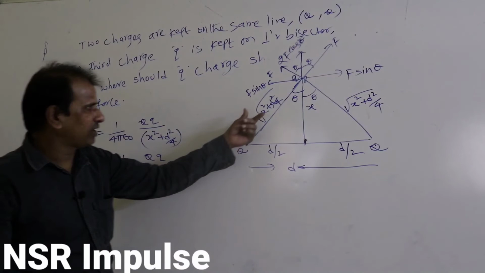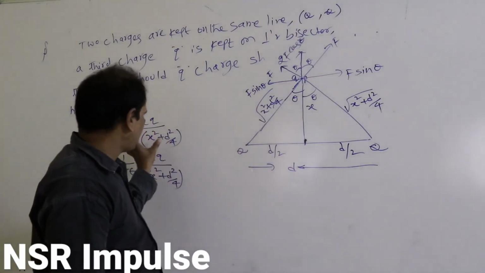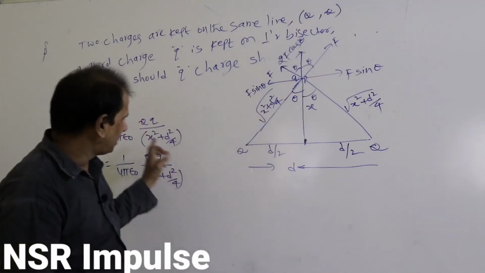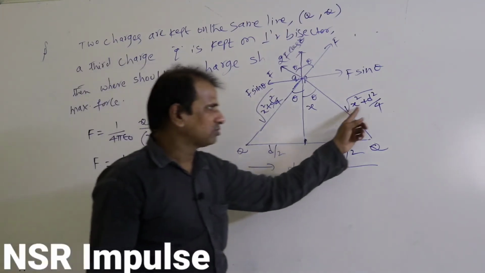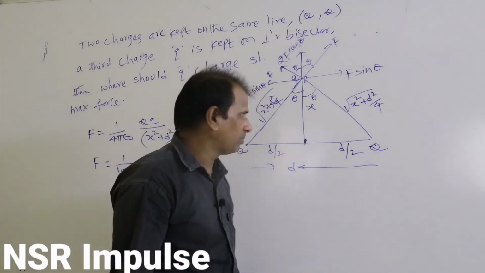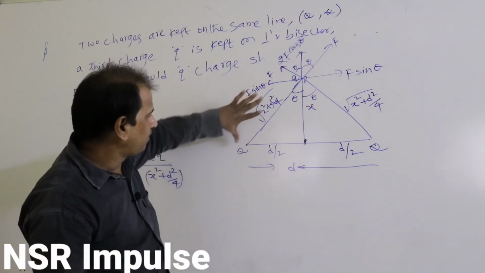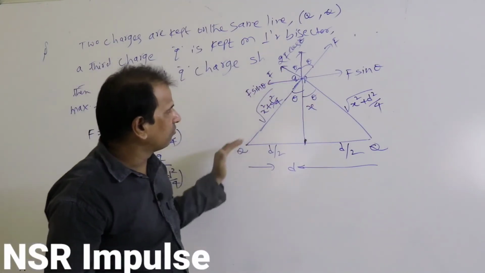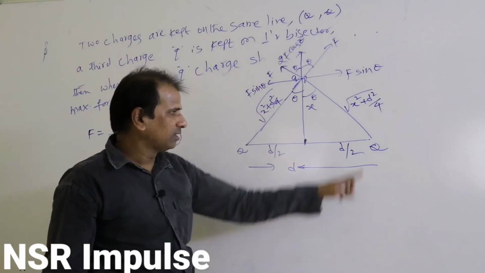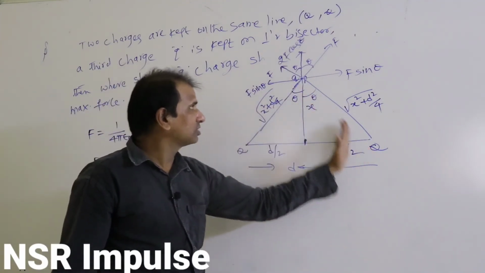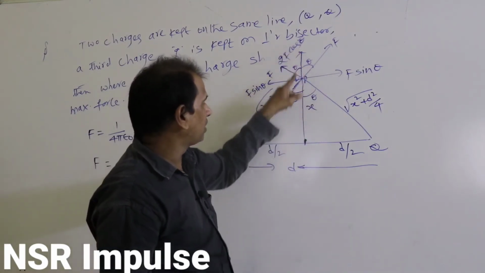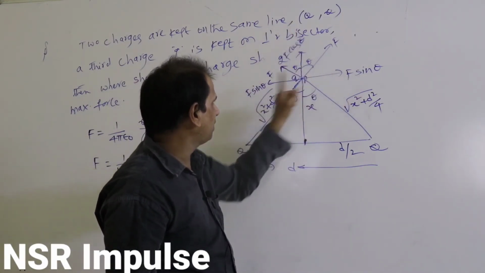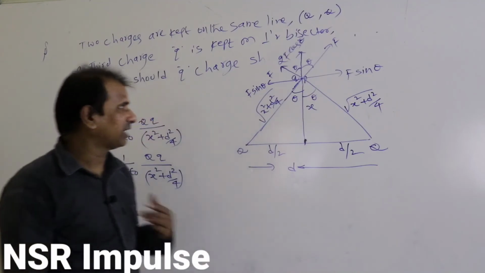That's why we have to square this distance. If you square it, the root goes out, and the remaining value you can write as x square plus d square by 4. Here also the same, x square plus d square by 4. Between Q and q, the force is in this direction. Between Q and q, the force is in this direction. We have resolved the forces into components. 2F cos theta, F sin theta got cancelled.